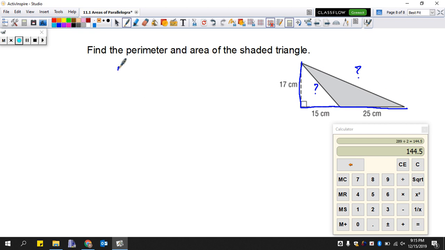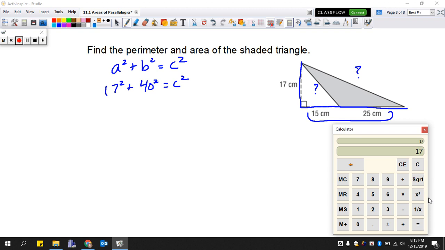So that would be a squared plus b squared is equal to c squared. So this would be 17 squared plus, now we have to combine the 15 and the 25, so that would be 40 squared is equal to c squared. 17 squared, we remember from the previous problem, was 289, plus 40 squared is 1,600, is equal to c squared.